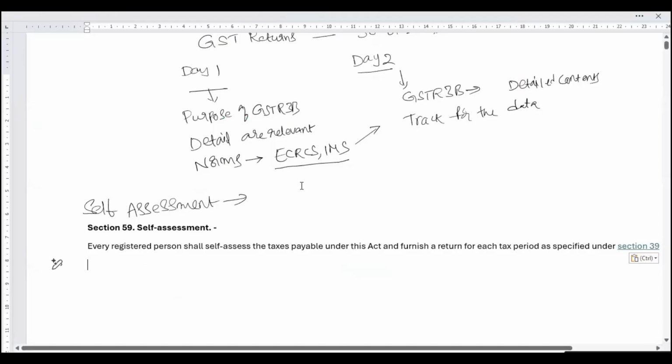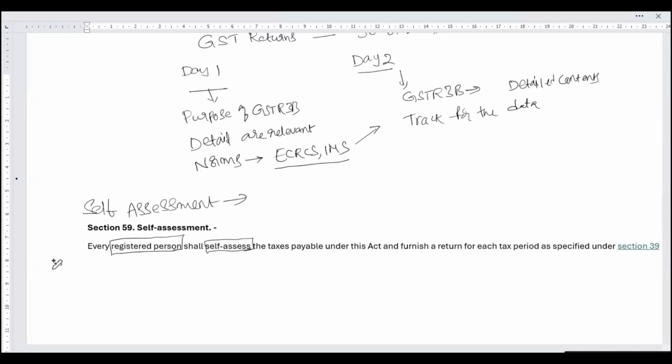Now, they say every registered person. The person who has obtained GST will be called a registered person. Casual taxable person, non-resident taxable person, any GST number we have, we are a registered person, shall self-assess. Means I do my own assessment.